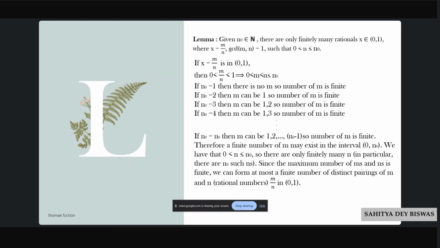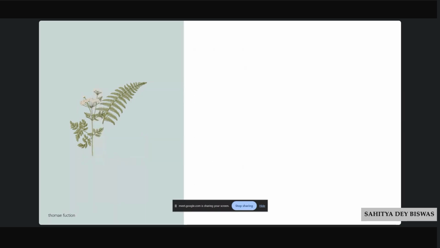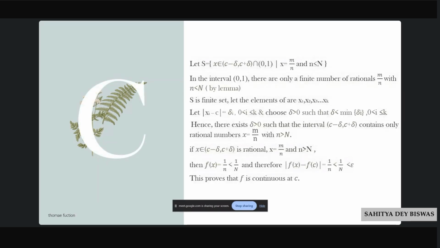So a finite number of m and a finite number of n can make only finitely many distinct pairs. So there are only a finite number of rational numbers in (0, 1) when the denominator is less than or equal to n naught. Now back to the proof.